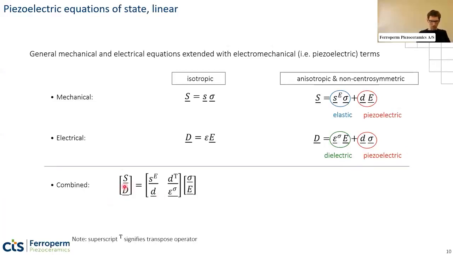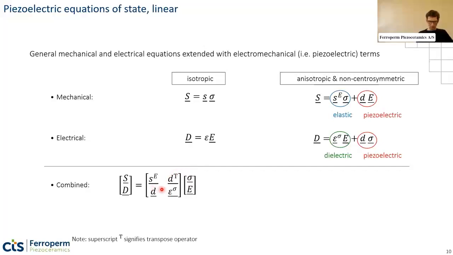So this is just a collection of tensors that are arranged as matrices. And then you can actually get the full response as a combination of strain and dielectric displacement, and that will be a function of the stress sigma and the electric field E. And the reason that these are underlined symbols is that it's several elements of a matrix that are hidden between these symbols.